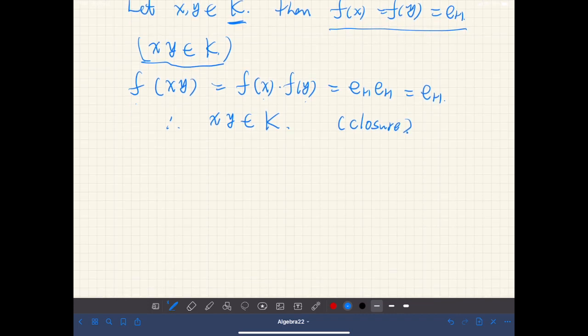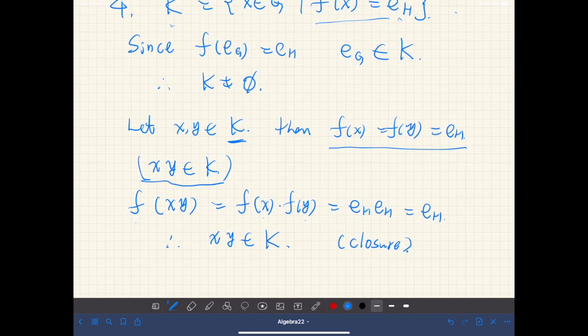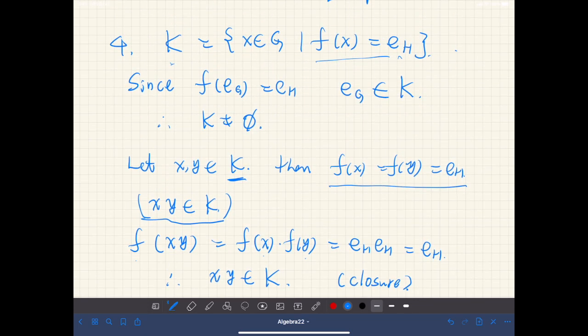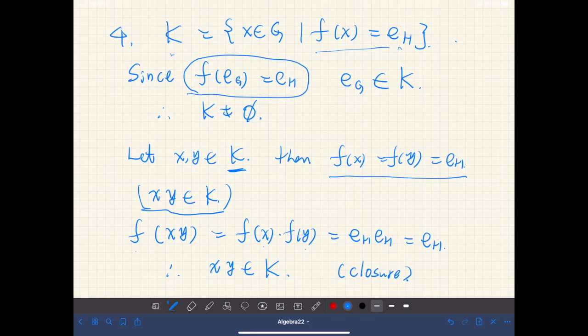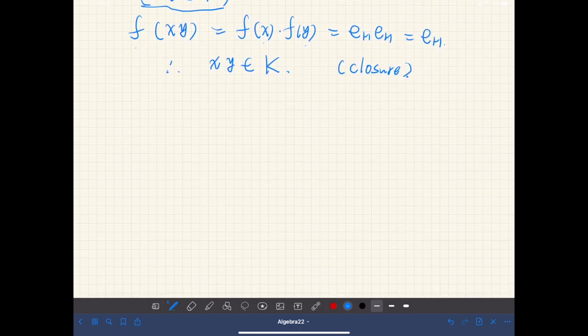Okay, and next, the existence of the identity element is already shown here. So the identity element belongs to K, so that is okay. And the next is the inverse element of every element.